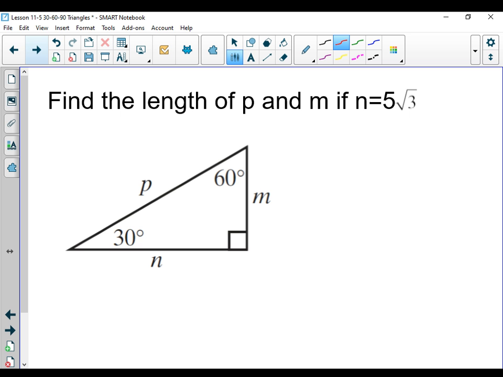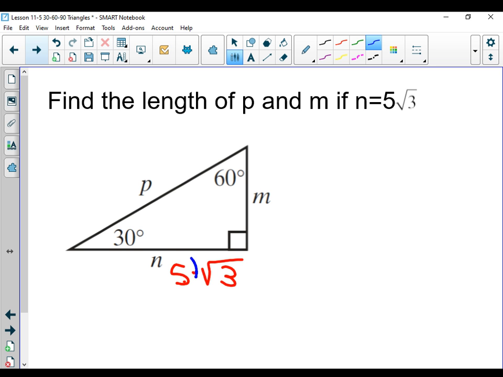This one tells me the long leg is 5 times the square root of 3. Listen and look. Why is there a 5 here? Because it's the short leg. You wrote on your paper, short leg times the square root of 3.